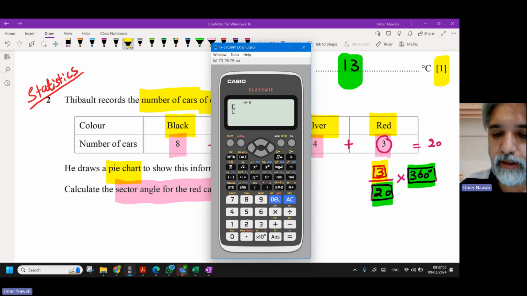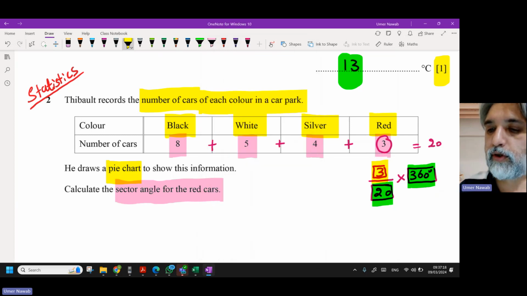I write here 3 over total units 20, times 360. I want to see how much 3 represents as an angle: 54 degrees. So red represents 54 degrees.